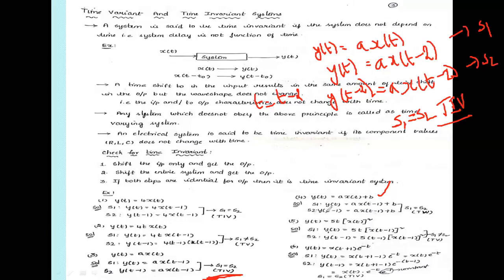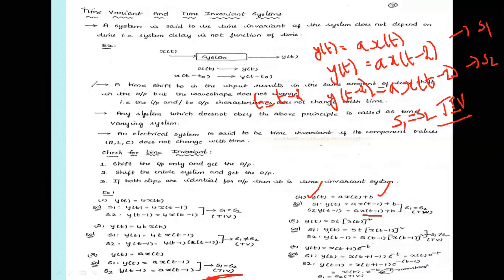And for y of t minus 1, wherever the t is there, you can replace it with t minus 1. You get a into x of t minus 1 plus b. For the same function, the linearity, it is a non-linear function. And now it is a time invariant system.